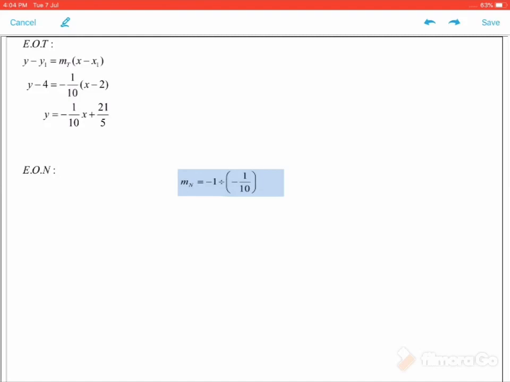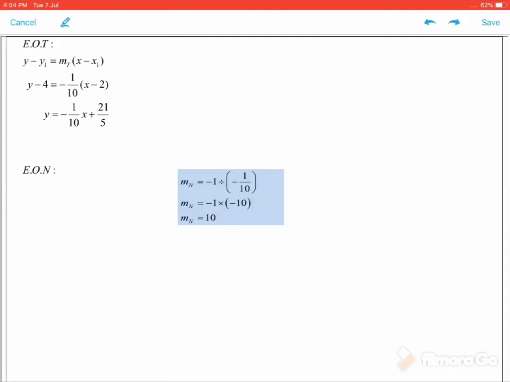Gradient of normal is equal to negative 1 over the gradient of the tangent, which is negative 1 over 10. So we know that if we divide by a fraction, we can just reverse it, become negative 1 multiplied by bracket negative 10. So we get our gradient of normal is equal to 10.